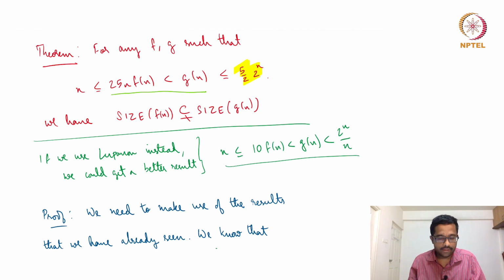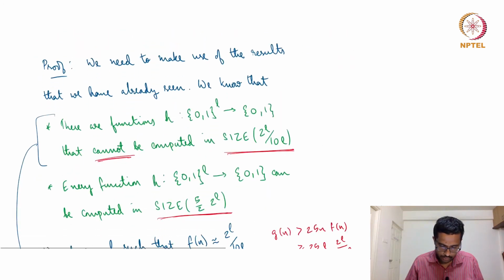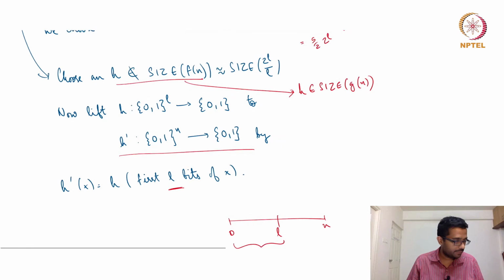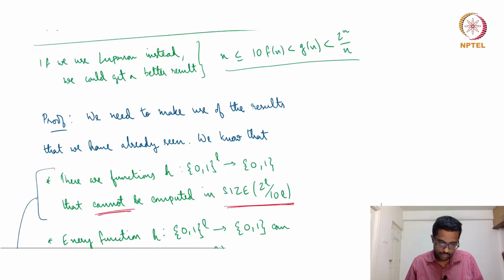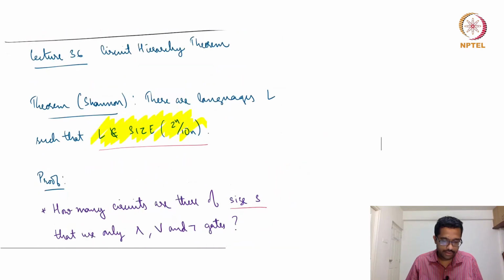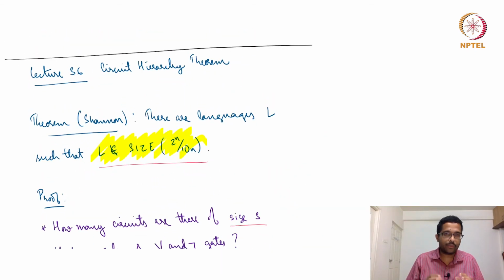Anyway, the point is that if you have bigger size circuits, you could compute more functions, and that is the main point that I want to convey here. So what we saw in this lecture was basically two results. One was Shannon's theorem, which says that there are languages which require 2 power n divided by 10n size circuits, or even more than that.